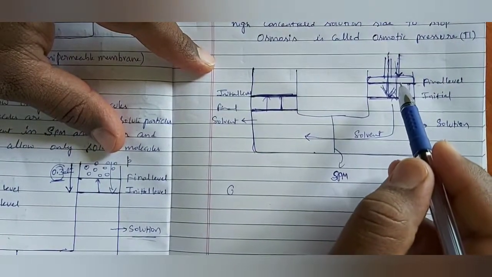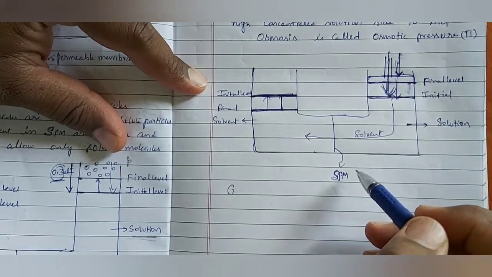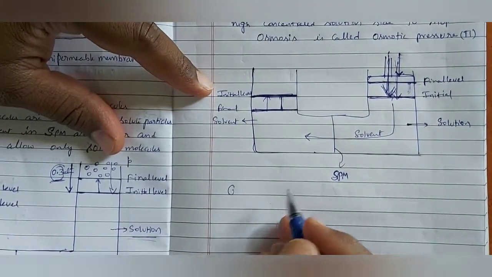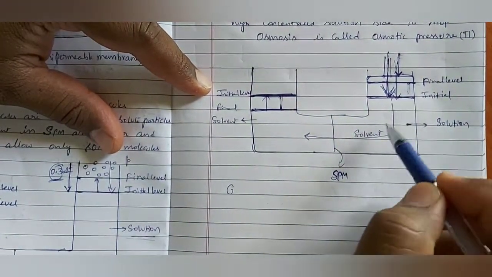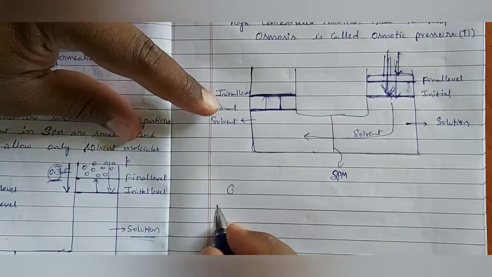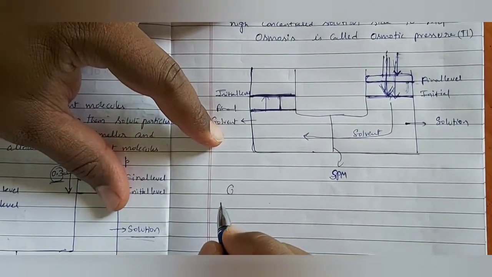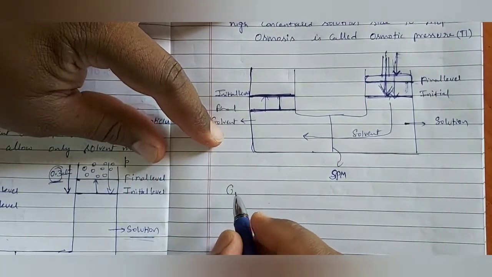That much pressure is required to stop osmosis, and that is called osmotic pressure. Its value depends on the concentration of the solution. Now let us see how we are going to calculate the formula for osmotic pressure.